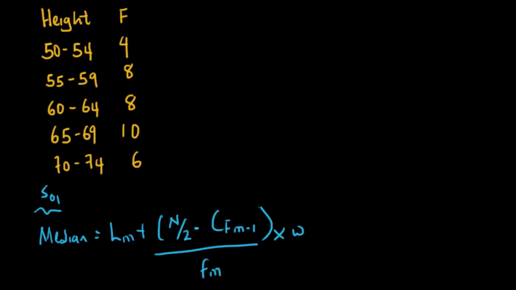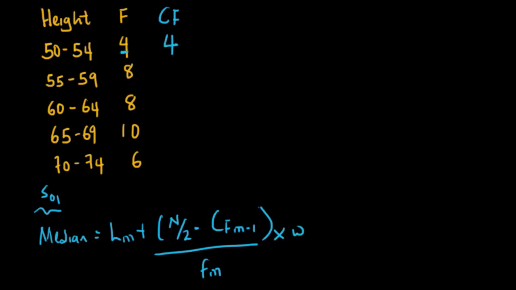Now as soon as we write the formula for median, the next step is to calculate the cumulative frequency. So we have a column for cumulative frequency here. Now this is how you calculate the cumulative frequency. For the first entry, you put in the first frequency.